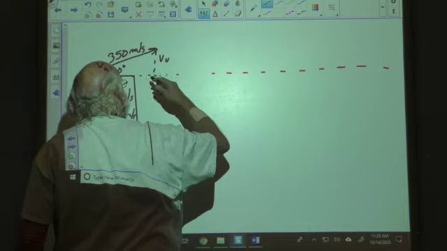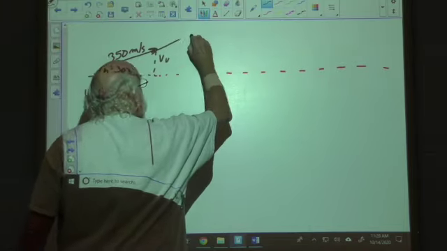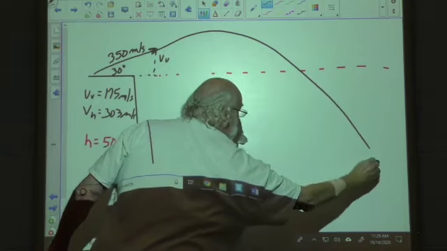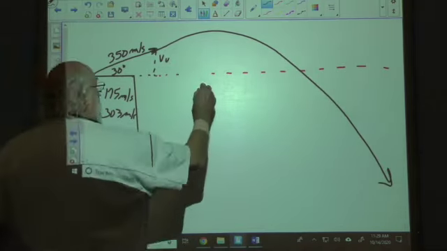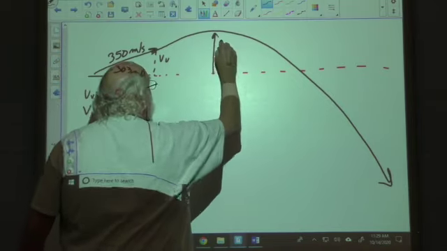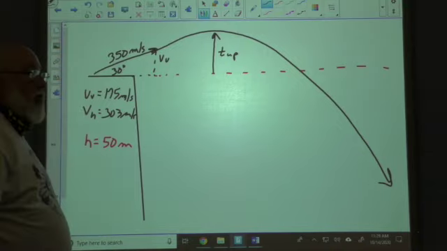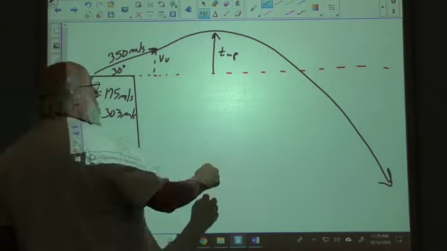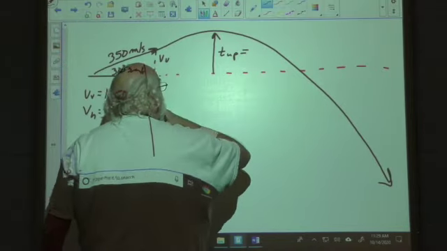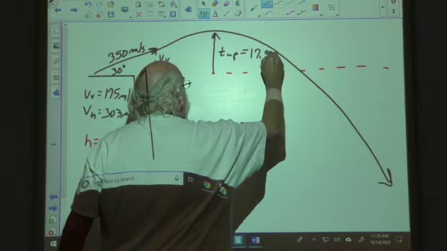Because it's going to have the same effect on the VV, the 175 meters per second. But then it's going to go down past that. So this time right here, I'll call it time up, is going to be the same as the half time we had yesterday. And I believe that was 17.9 seconds.